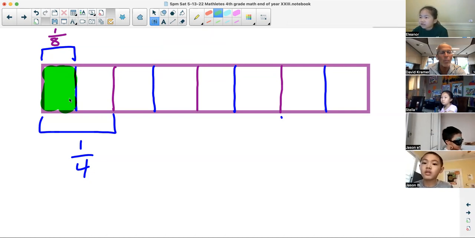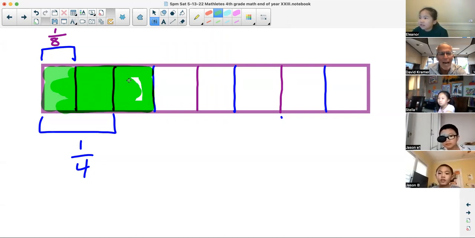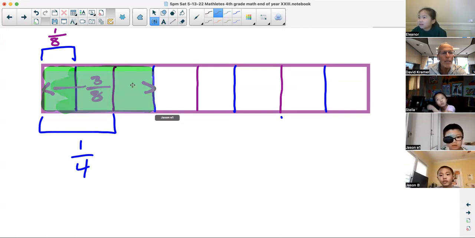That's only 1/8. What if I want 3/8? Color until the next blue line. Oh. Does everybody see that that equals 3/8? So from here to here is 3/8.